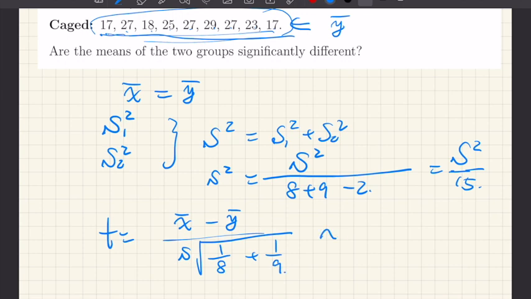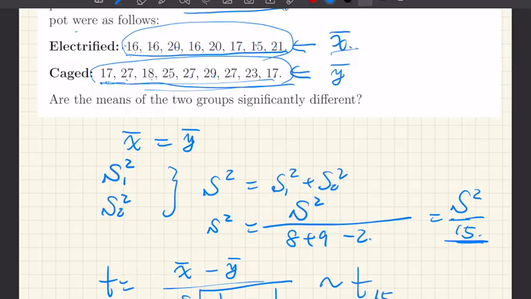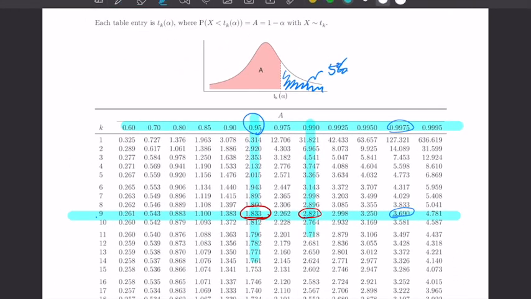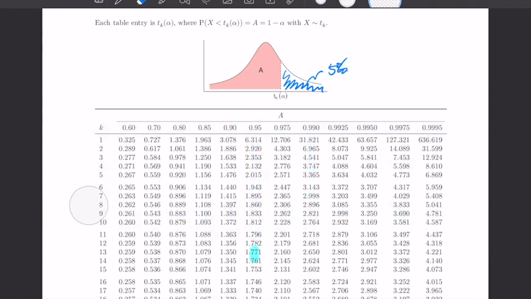Then this follows the T distribution with 15 degrees of freedom. I don't know these values, so you should calculate them and look up the table. In this case, we have 15 degrees of freedom, so let's look at this row.